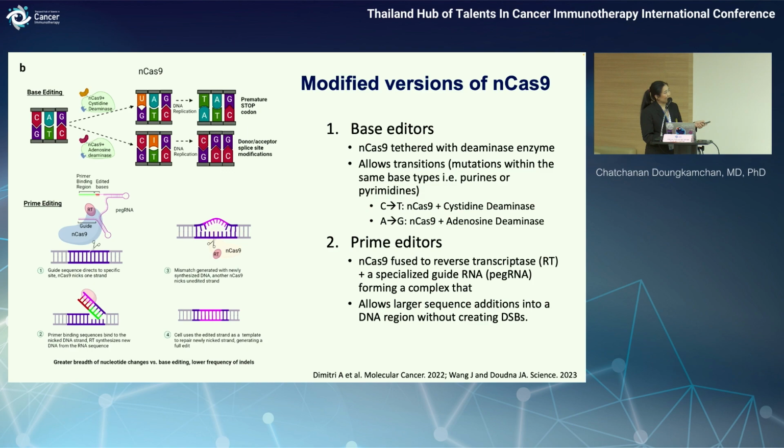If the nCas9 is tethered with a deaminase enzyme, for example, a cytosine deaminase enzyme, it can cause the C to T transition, while if it's tethered to an adenosine deaminase enzyme, it can cause A to G transition. But as you can see, the base editor is limited to just transitions, which is just mutation within the same base types.